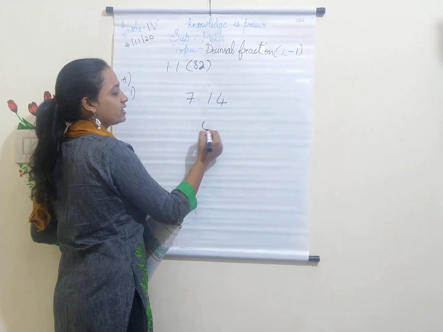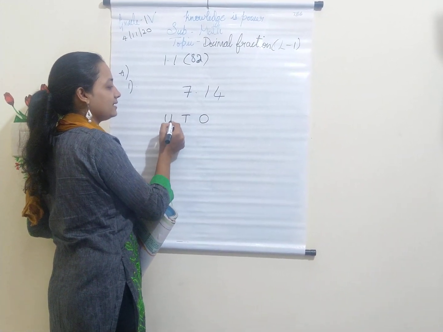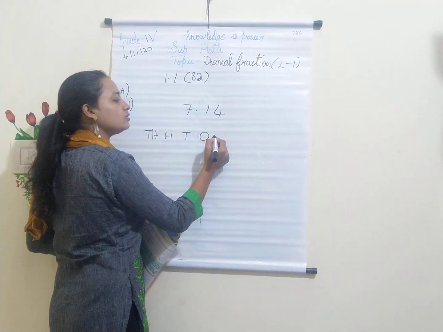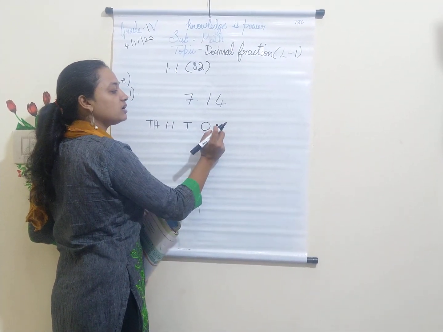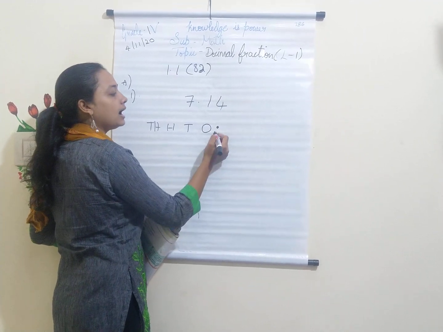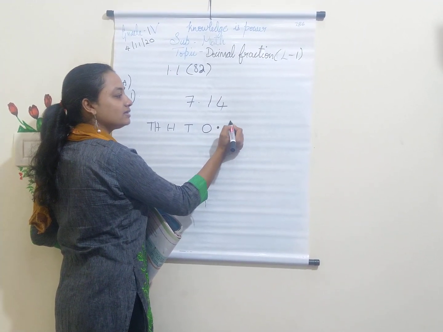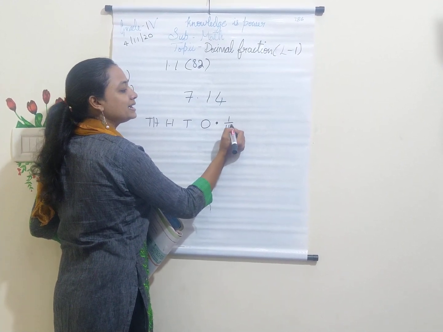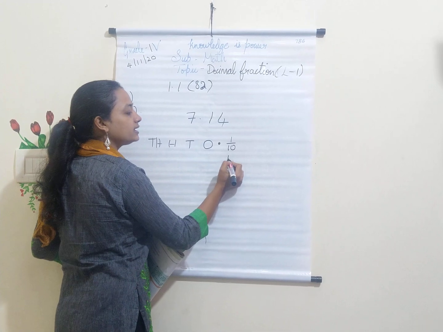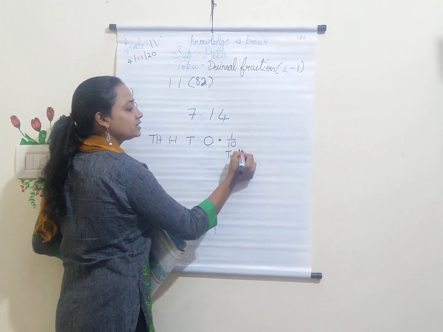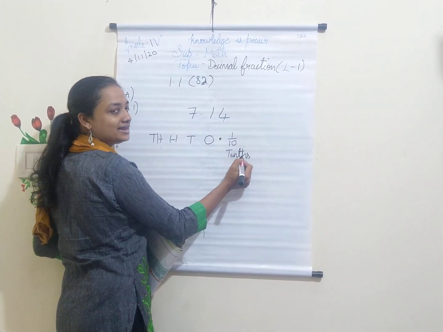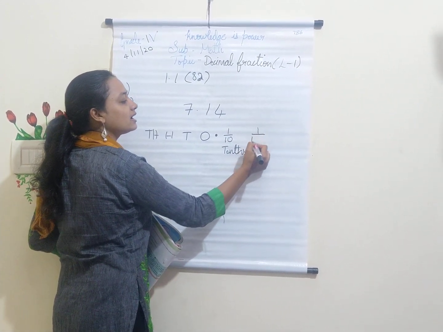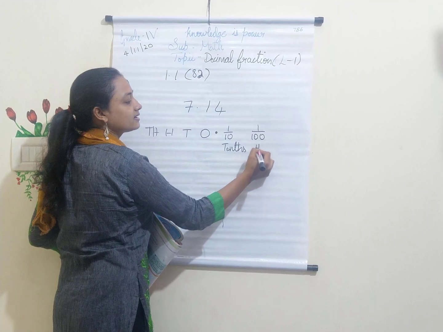You all know the place values: ones, tens, hundreds, thousands and so on. Now we will be learning about the place values after the decimal point. After the decimal point, the place value of that number is 1 by 10, or you also write it as tenths, T-E-N-T-H-S. The next place value is hundredths.